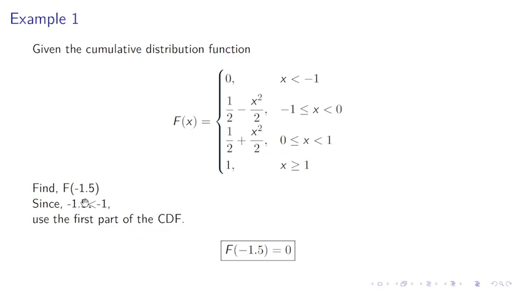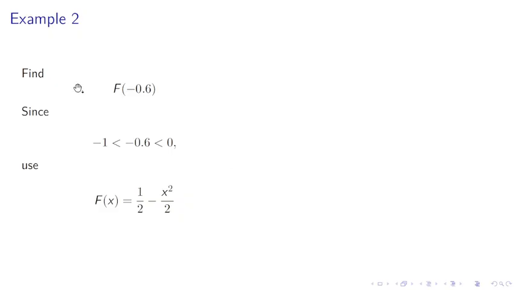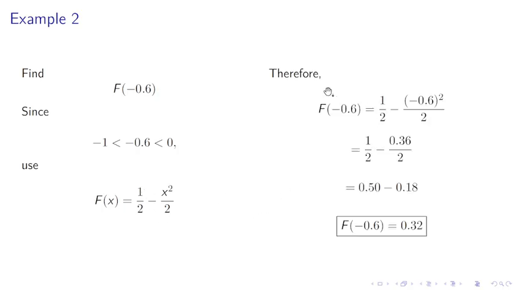Find F of minus 1.5. Simply substitute minus 1.5 in place of x. It is less than -1, so use the first part of the CDF; it is 0. Simply find F of minus 0.6. Since -1 is less than or equal to -0.6, which is less than or equal to 0, F of x is equal to 1 by 2 minus x square by 2. Therefore, substitute -0.6 in place of x.